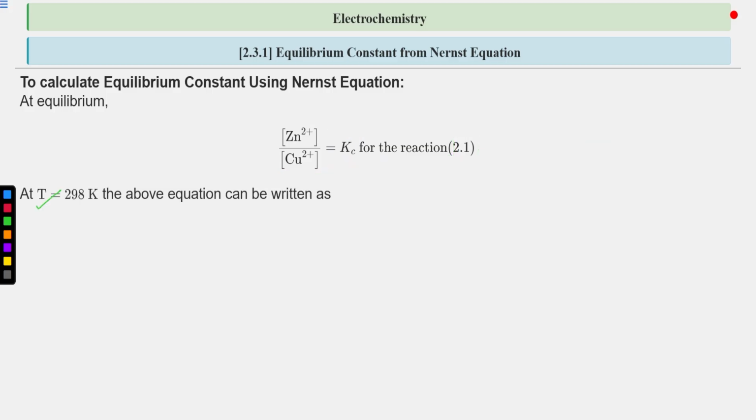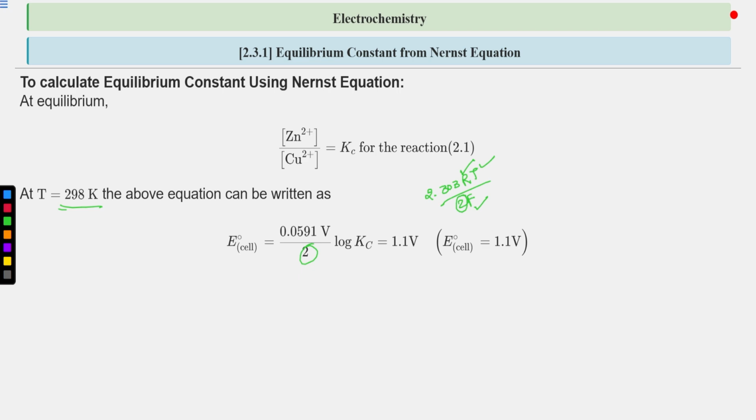So at 298 Kelvin temperature, the above equation can be written as E naught of cell, the standard potential of the cell, equals 0.0591 by 2 log Kc. We solve the 2.303 RT by 2F: the 2 is written here the same, the 2.303 and R values we know because they are constants, T we put as 298 Kelvin, and F is a constant, so you can put its value and solve this fraction.